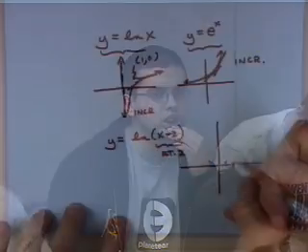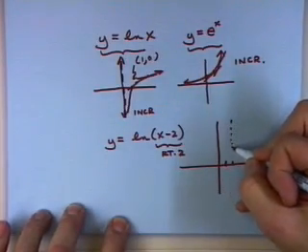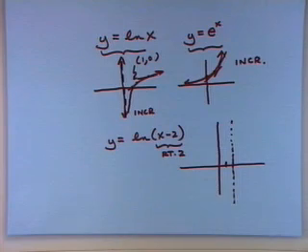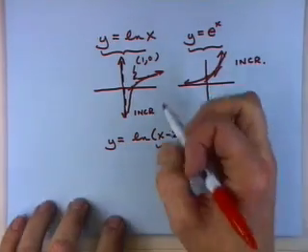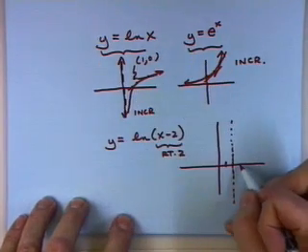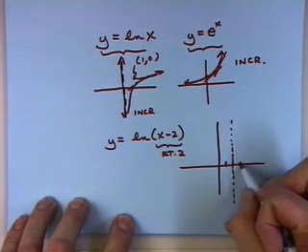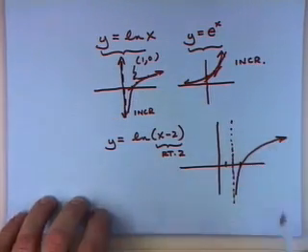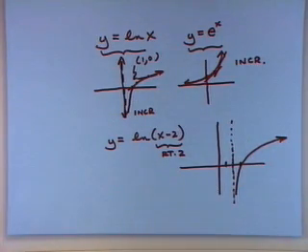So we would want to slide the asymptote over 2 units, which was the y-axis, now is the line x equals 2. And then slide that point 1, 0 to the right 2, which is now 3, 0. And we're going to look something like that, right?